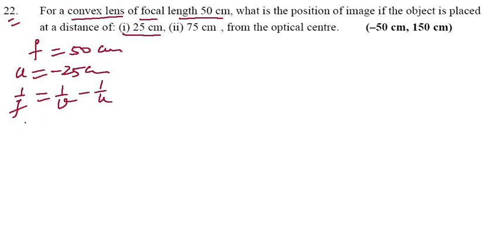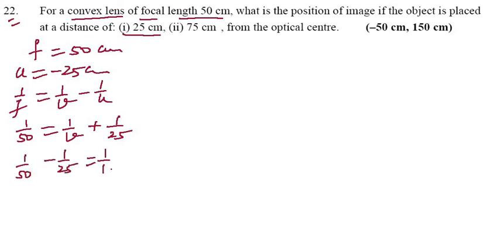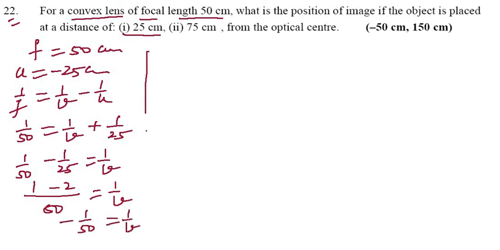Now f is 50, so we write 1 upon 50 equals 1 upon v, and we want to find v. u is negative, so it becomes positive 1 upon 25. So 1 upon 50 minus 1 upon 25 is equal to 1 upon v. Taking the LCM, it is 50, and here is 1 minus 2 is equal to 1 upon v. So minus 1 upon 50 is equal to 1 upon v. That means v is equal to minus 50 centimeters. It is your first answer.